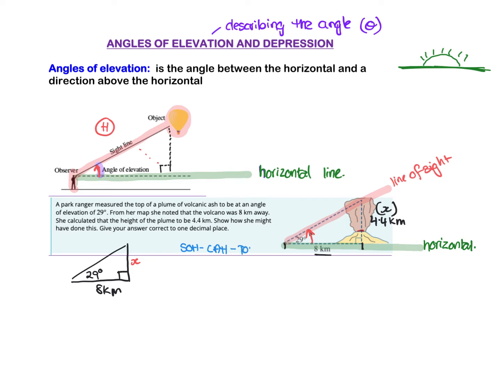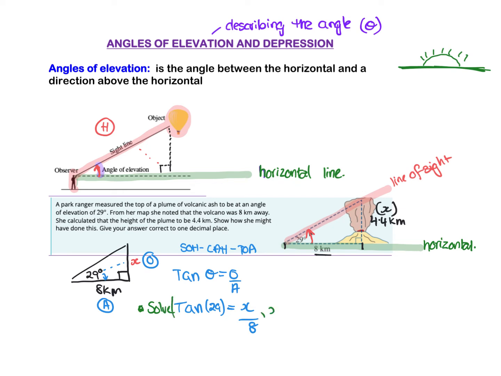Good, O, opposite. And the 8 kilometres is adjacent. So which one has O and A in it? Good, so we write tan theta equals O over A. Then we substitute in what we know, and then we can solve in our calculator.